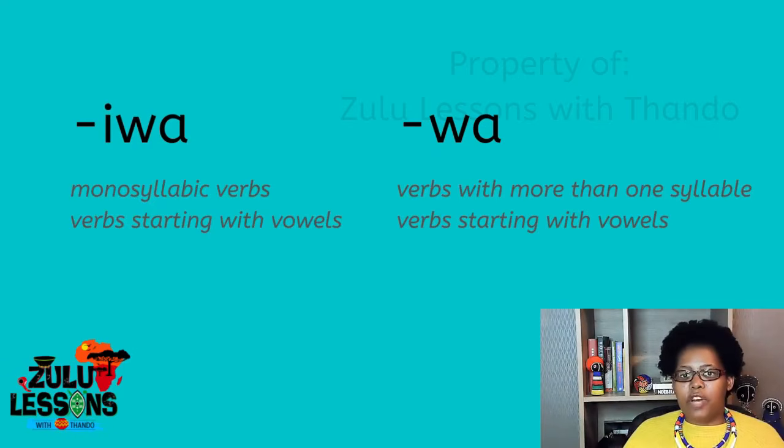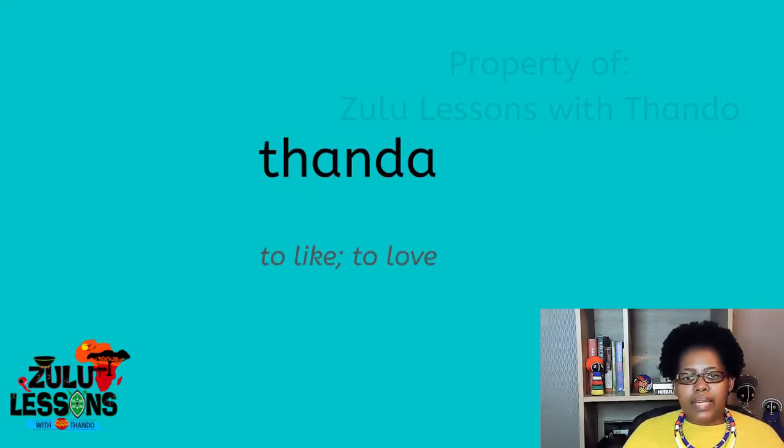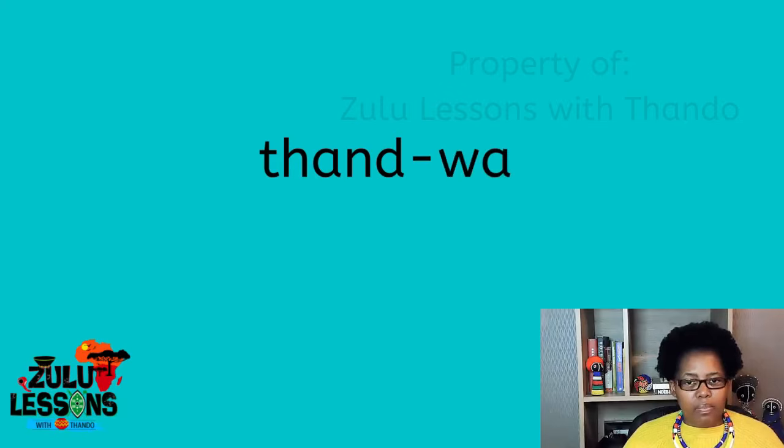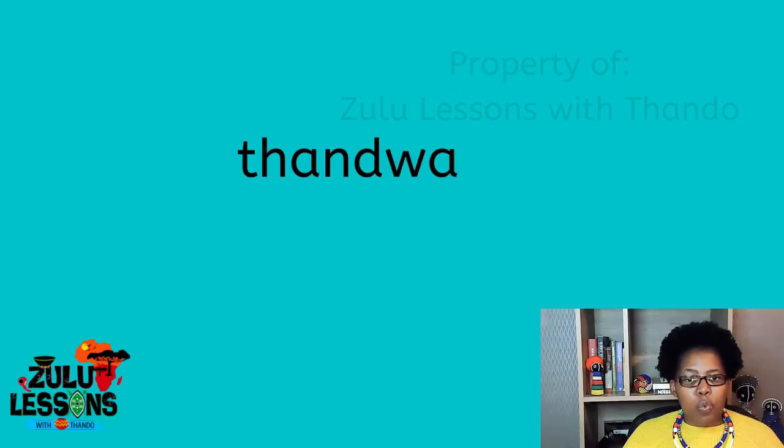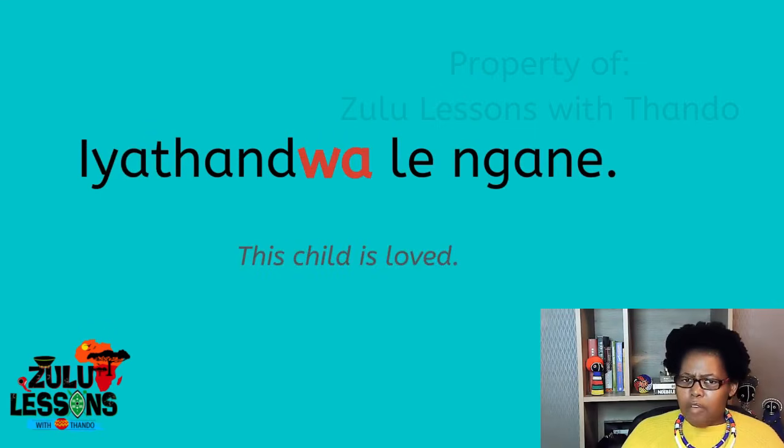So now let's take the verb thanda, which means to like or to love. Let's remove that last A of the verb and we put in wa. Now we have thandwa. Now, if I say iyathandwa lengane, we are talking about this child, lengane.